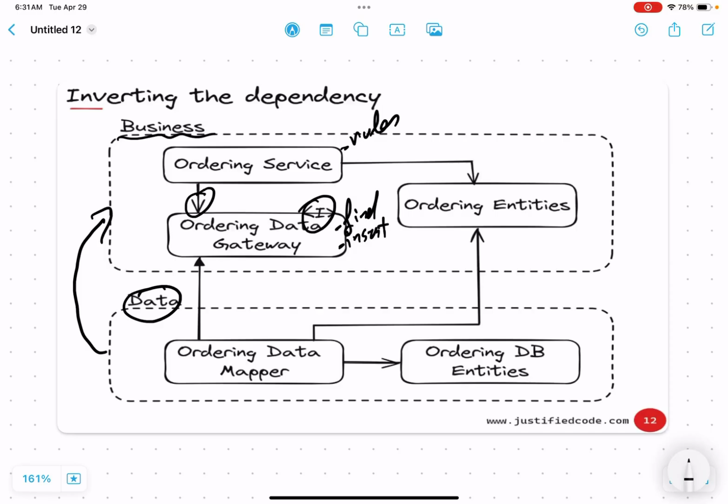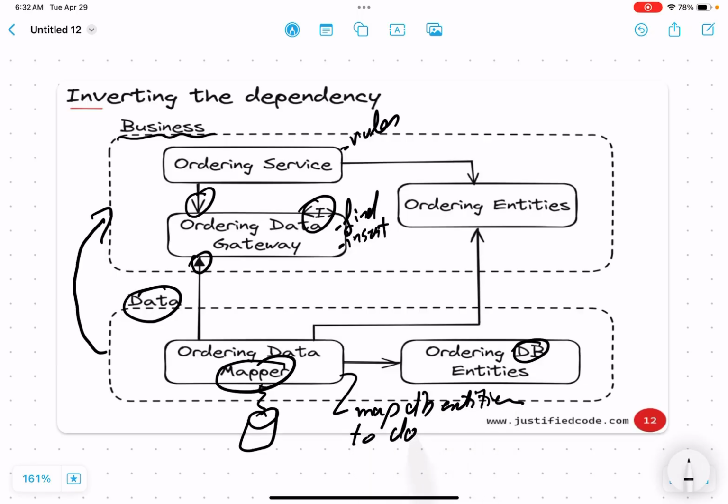It is the responsibility of the data mapper here to implement that interface above. Still, the mapper is responsible for talking to the real database, building the DB entities, plus mapping DB entities to domain entities.